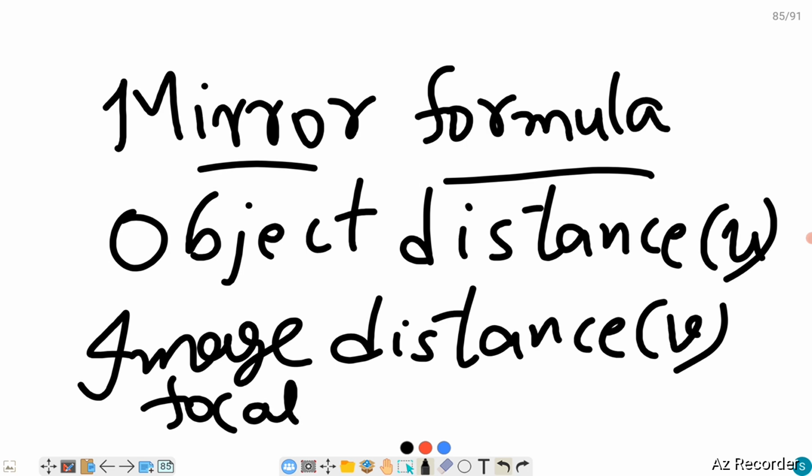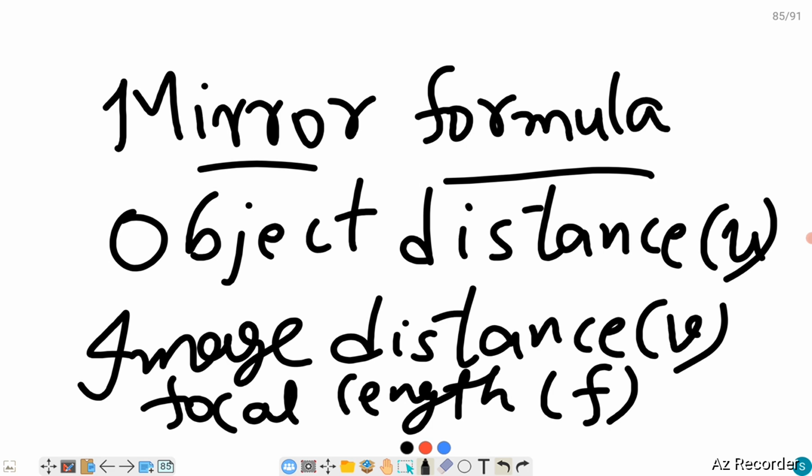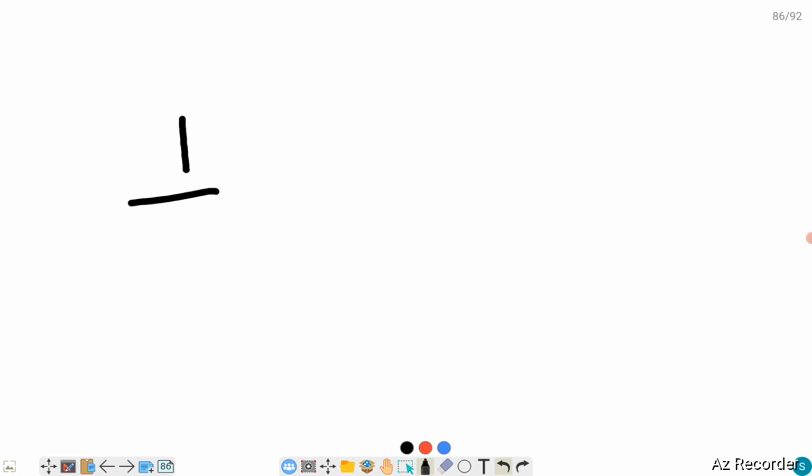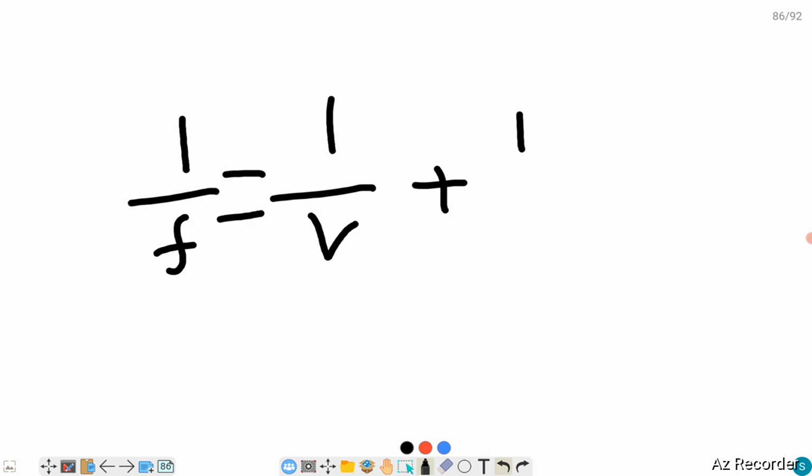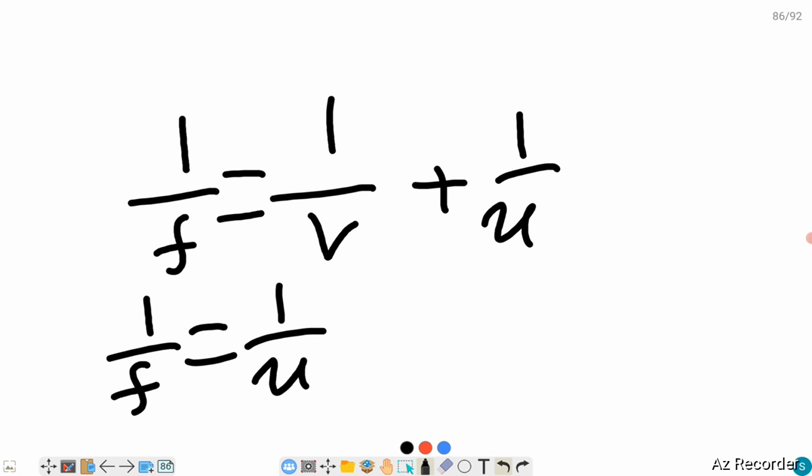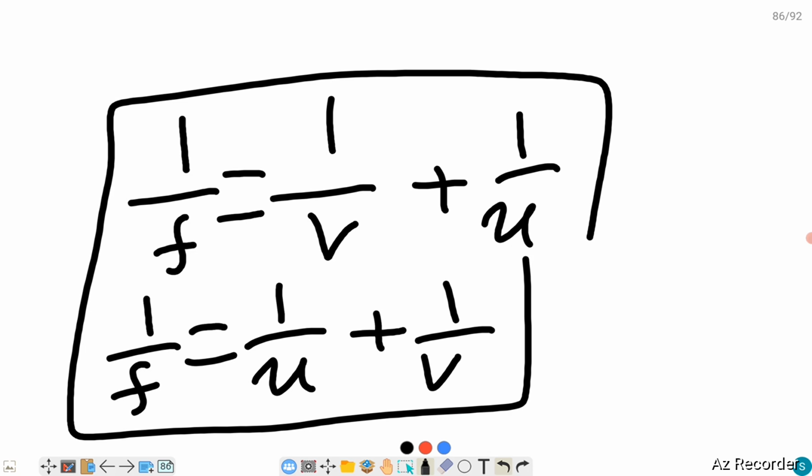So the relation among these three is given by the mirror formula. We write the mirror formula now. Very, very important. 1 by f equal to 1 by v plus 1 by u, or you can take 1 by u plus 1 by v also. Both are same, correct, because it is addition. 1 by f is equal to 1 by v plus 1 by u, where f is focal length, v is image distance, and u is object distance.